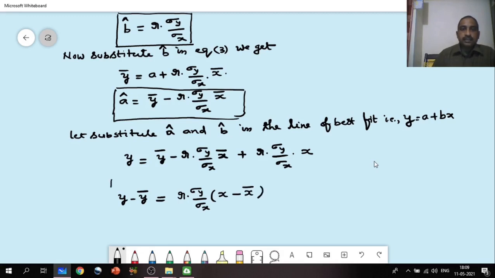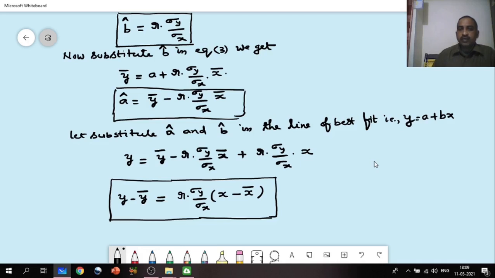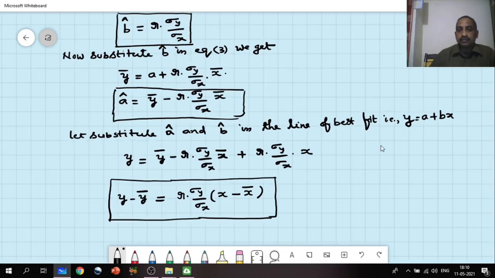So this is nothing but the regression line of y on x, right? y minus y bar equals r into sigma y by sigma x into x minus x bar. Where y bar is the mean value of the y series, x bar is the mean value of the x series, r is the correlation coefficient between x and y, sigma y is the standard deviation of y, and sigma x is the standard deviation of x, right?